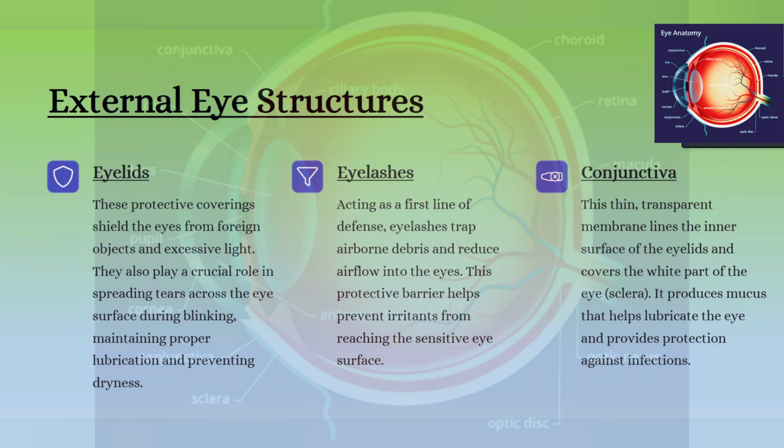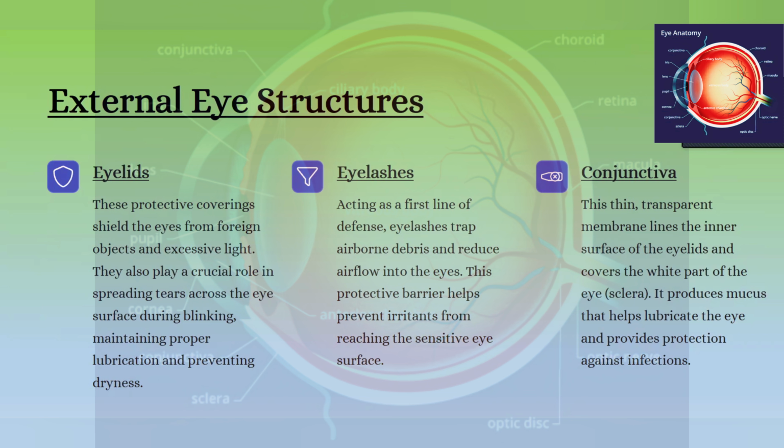external eye structure. The external eye structure involves three things: eyelid, eyelashes, and conjunctiva. Eyelids, you already know. This is the upper eye covering.